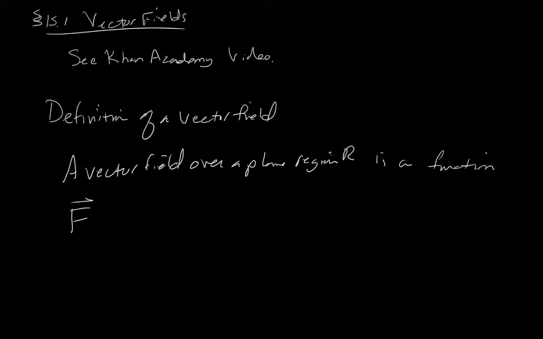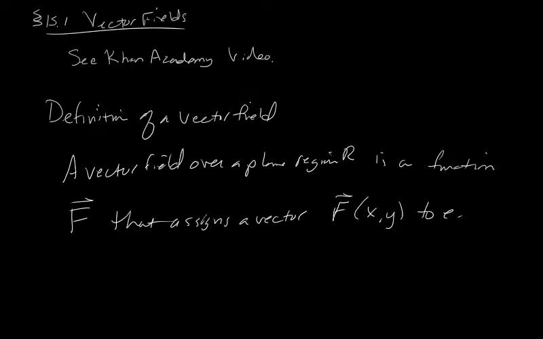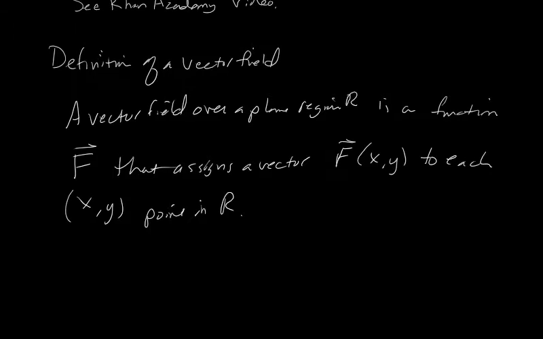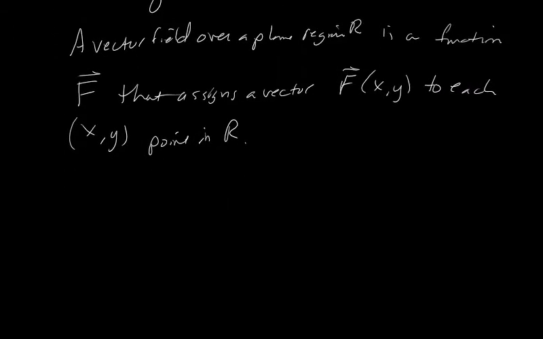It assigns a vector F of x, y to each point x, y in the region R. So for every single point, you plug in the x, y value, you get a vector, and that vector is assigned to that point. Like I said, the Khan Academy video does a great job of explaining how that fits together and what it looks like on a graph.